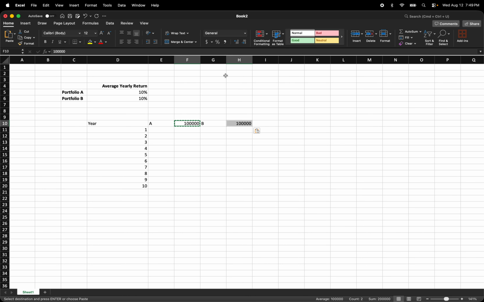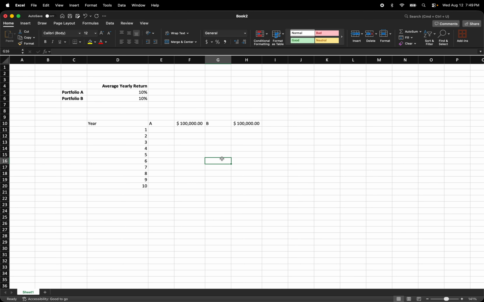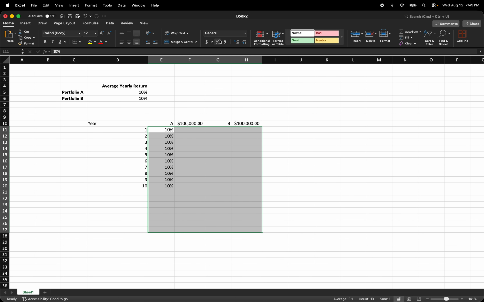These are the portfolio sizes. Next, we want the yearly return. Every year we did 10%. Wow, what a great portfolio, right? So that's portfolio A.